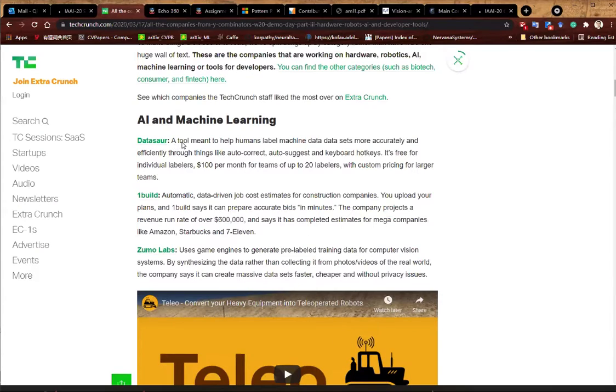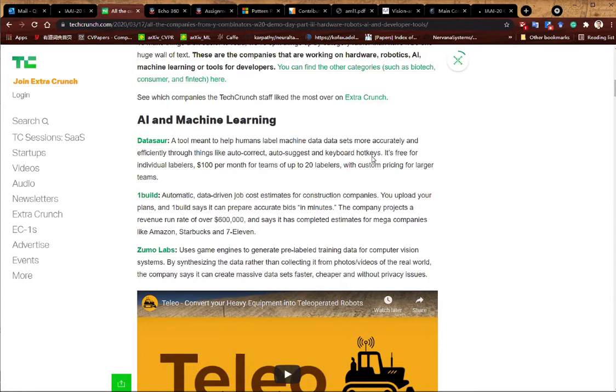So DataSol is a tool meant to help humans label machine learning data sets more accurately and efficiently through things like autocorrect, autostat, and keyboard shortcuts. There's a company that wants to develop tools for people because we know the data set is very important for machine learning. It's a large industry, a large business, to label the data, right?